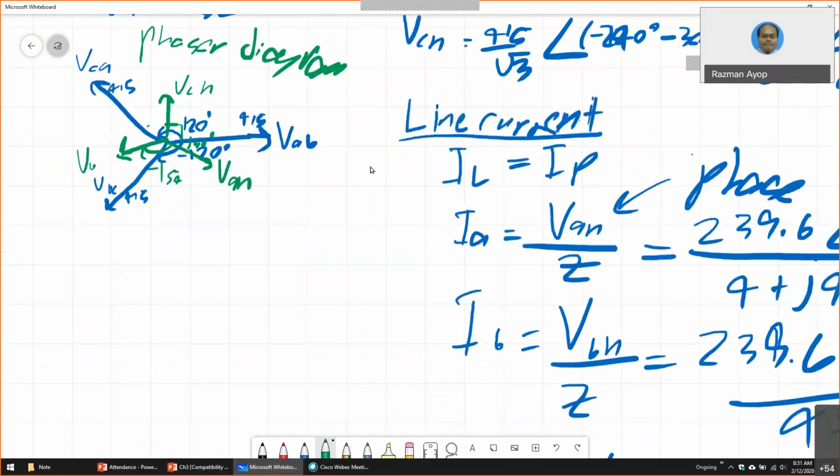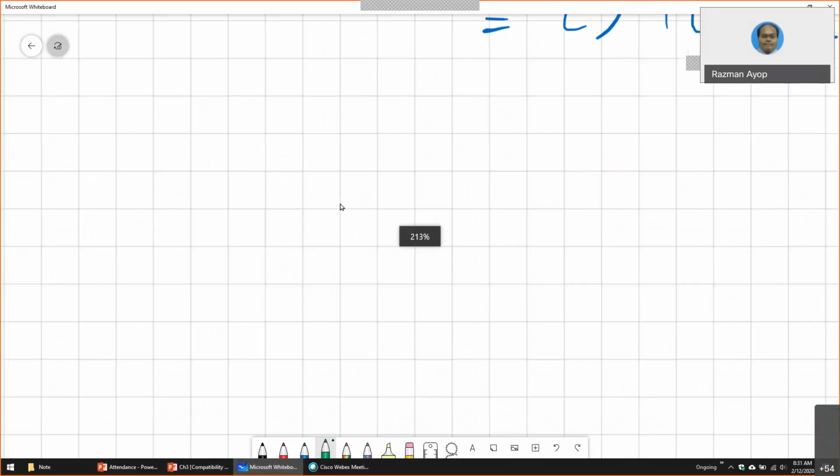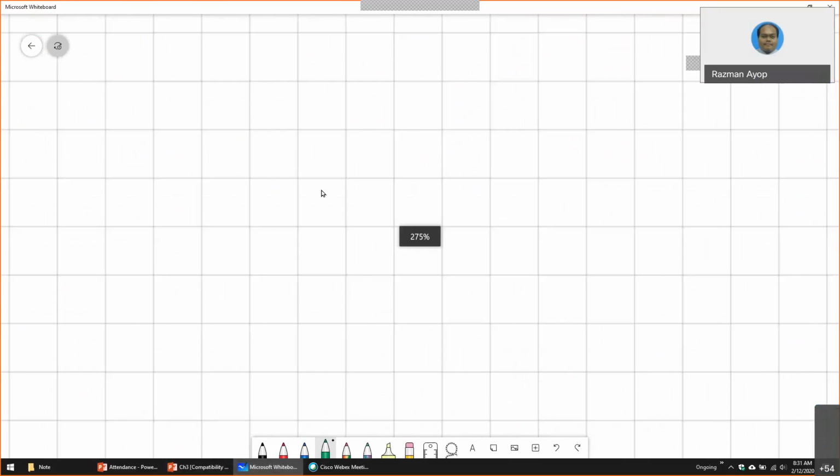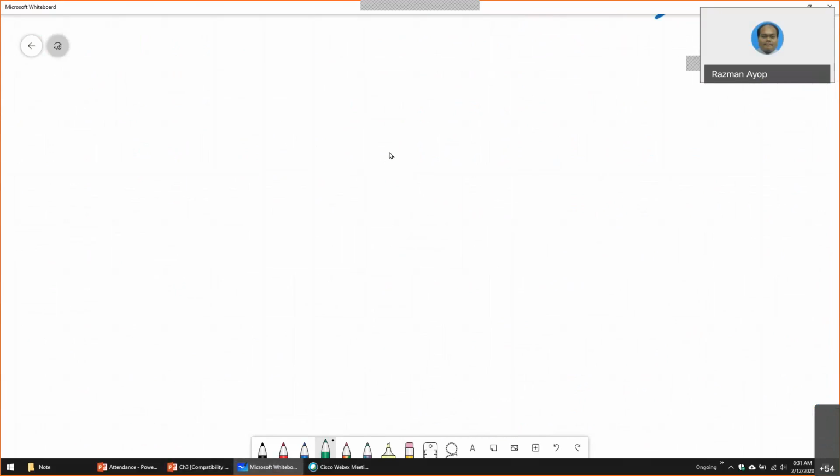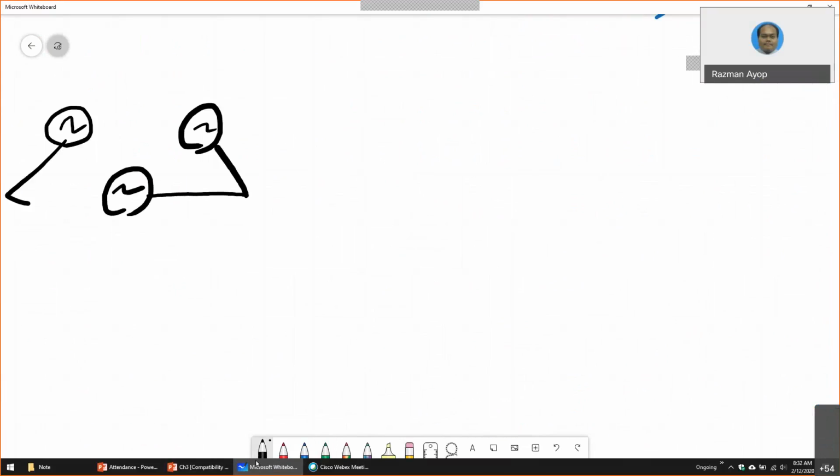How about the delta connection? I give you another example, the delta connection. Remember how to draw this?